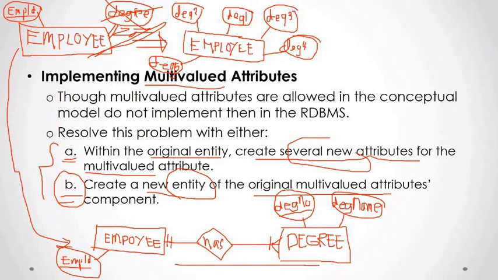You right away convert this attribute into an entity. And to relate this converted entity to the original entity, use this verb. Okay? Employee has degree. Question on this?